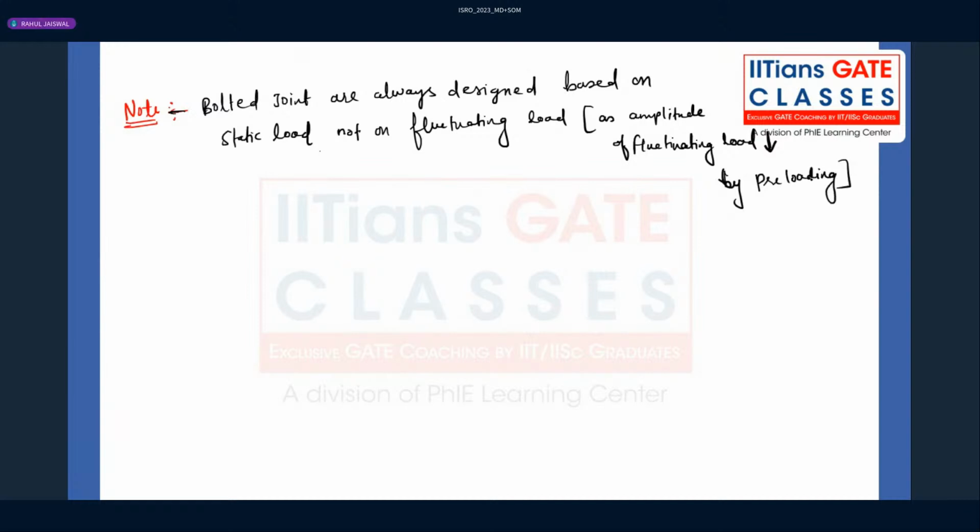Preloading means a certain kind of tension force has automatically been applied to the bolted material. So that's all for the 2070 paper.